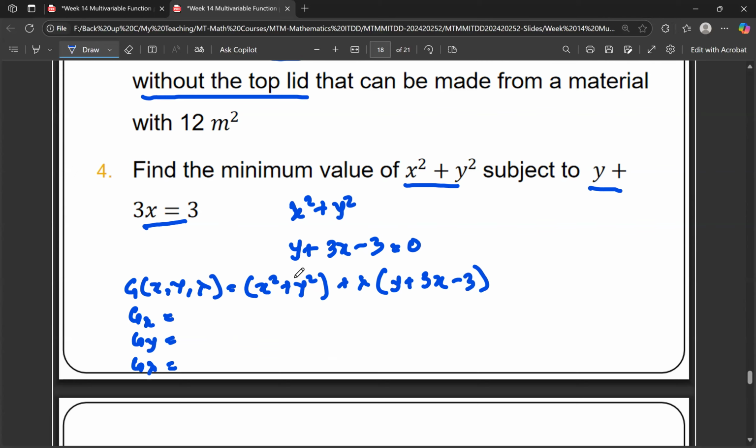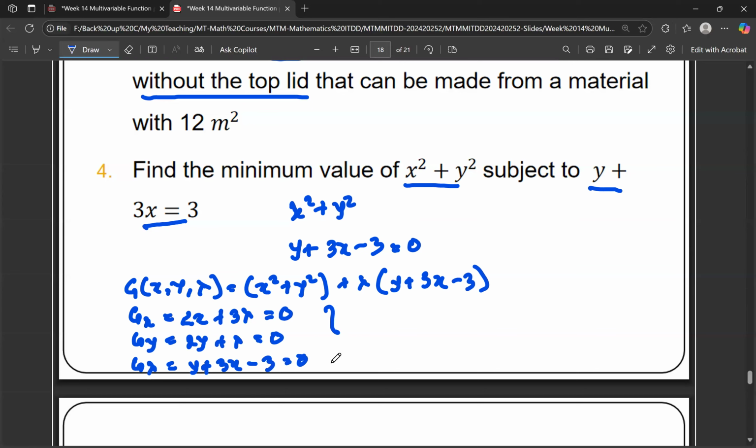Gx will be here 2x plus 3 lambda. We equalize it to 0. With respect to y will be 2y plus lambda is equal to 0, and g lambda will be y plus 3x minus 3 is equal to 0.